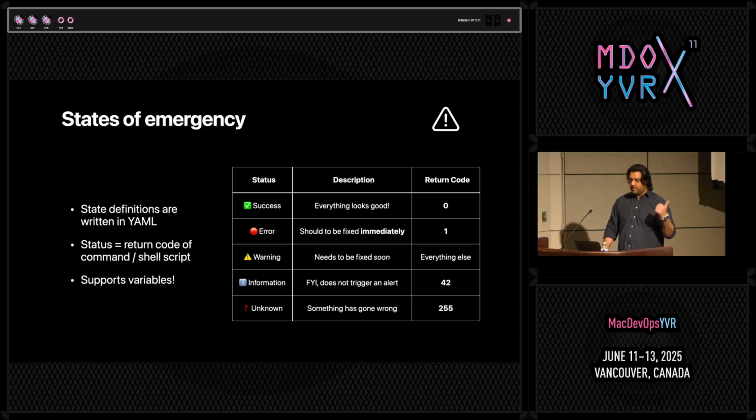So we've identified 5 key states that seem to work for most of our use cases, or all of our use cases. Success is good, and that's just returning 0. If something's gone wrong, like the example that I showed before, Managed Software Center, we will always want that to be working. The command that you run would have to return a 1 for that error state to show up.